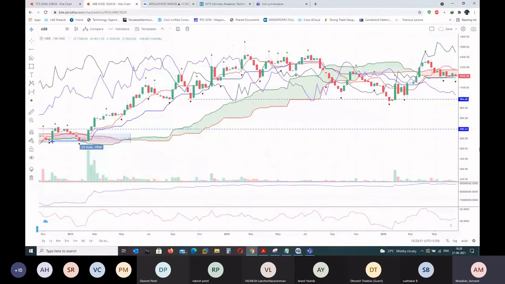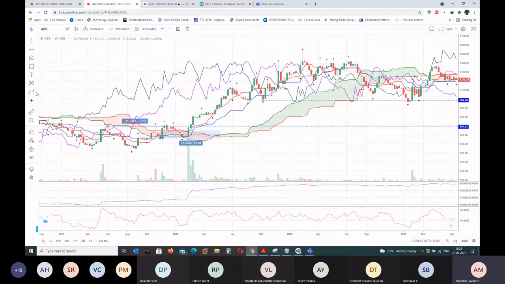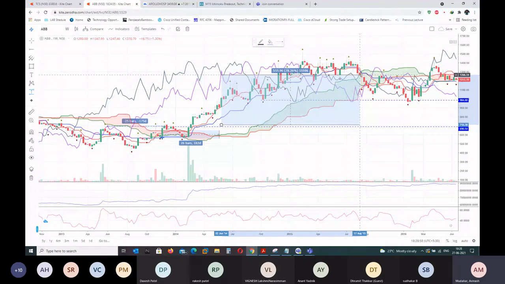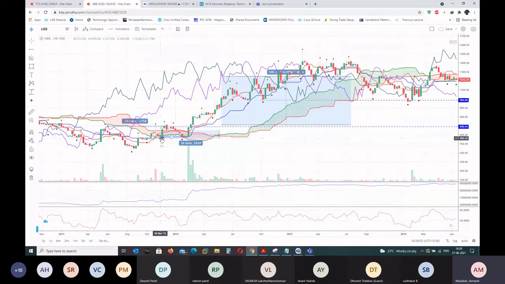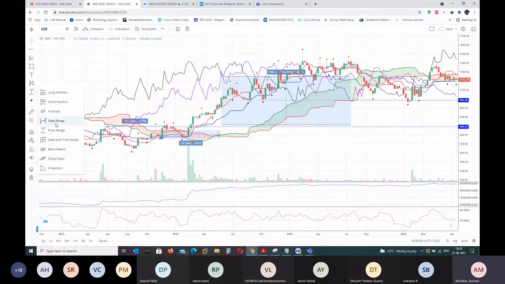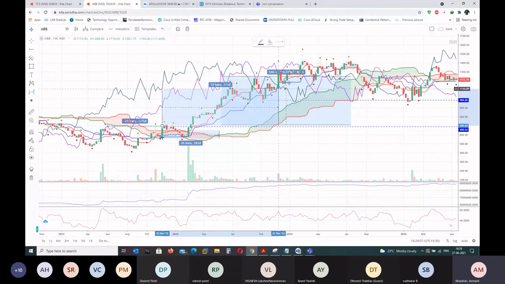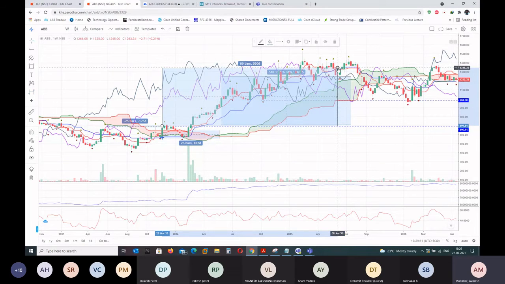If at all you bought here, then you would have made 76%. The only thing is you should have had the patience to hold this. The holding period was 80 bars, so 80 weeks.